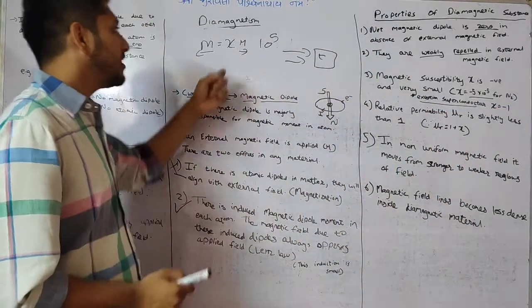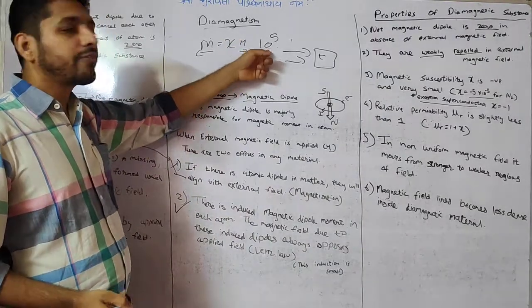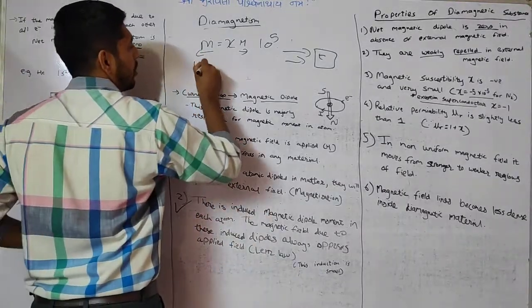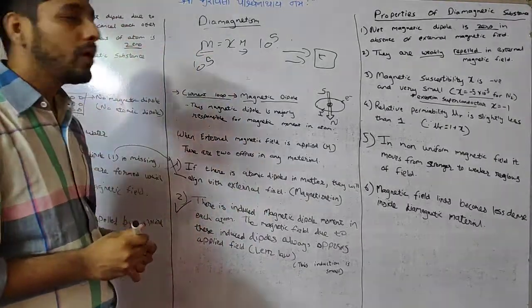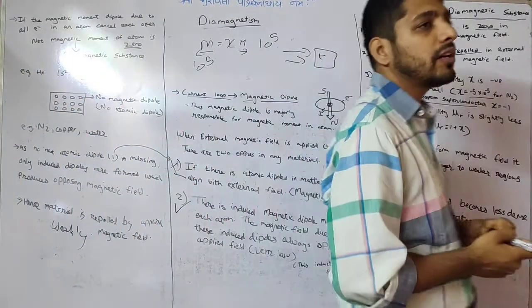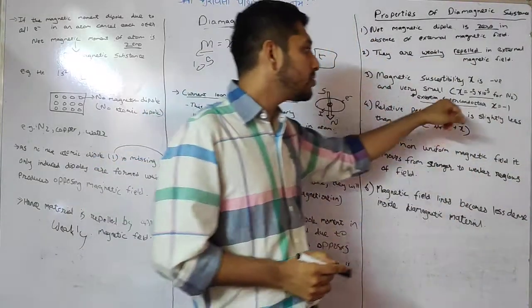This means that if you produce an external magnetic field of 10 raised to 5, you will get an internal magnetic field also equal to 10 raised to 5. Okay, which means that it is very highly conducting and it is a perfect magnetic material. But this is the only exception, for the superconductor.